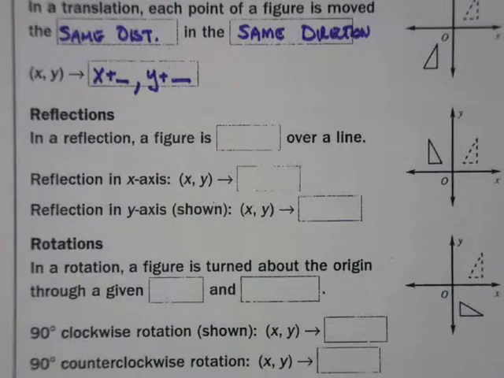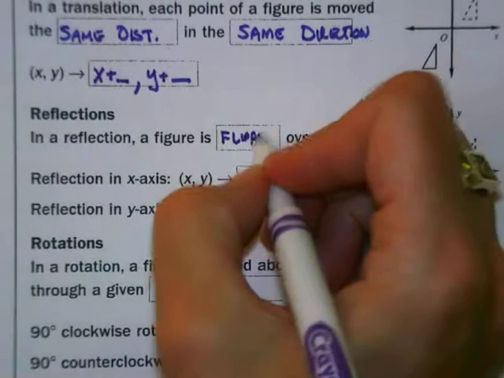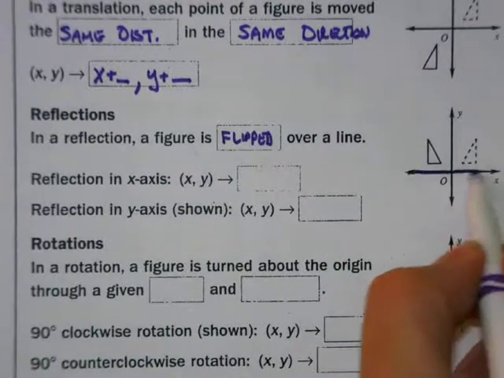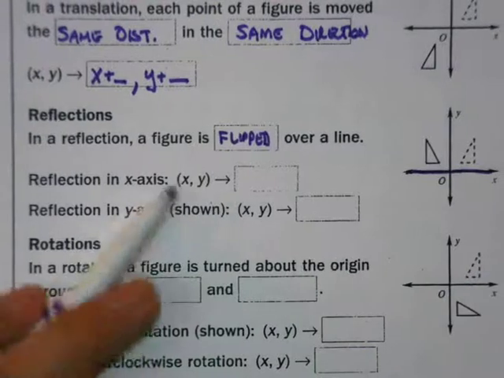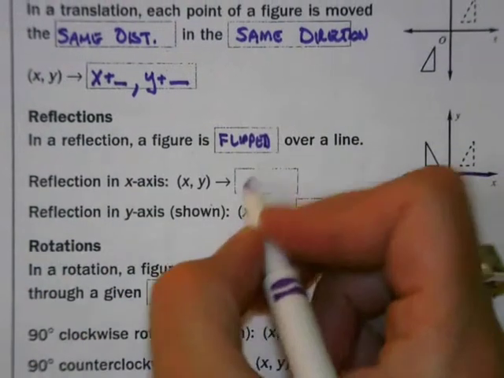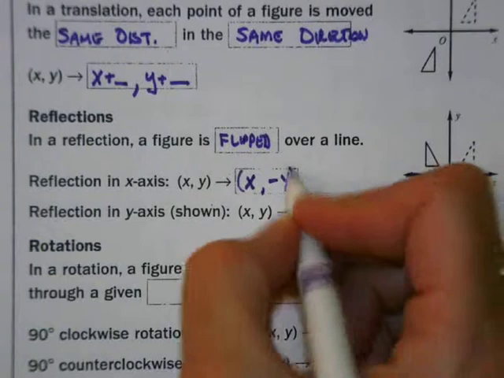The next thing that we looked at were reflections. In a reflection, a figure is flipped over a line. If the line that we're flipping it over is the x-axis, then we take the coordinates of the original point, x, y, and the x-coordinate stays the same, but the y-coordinate changes its sign.